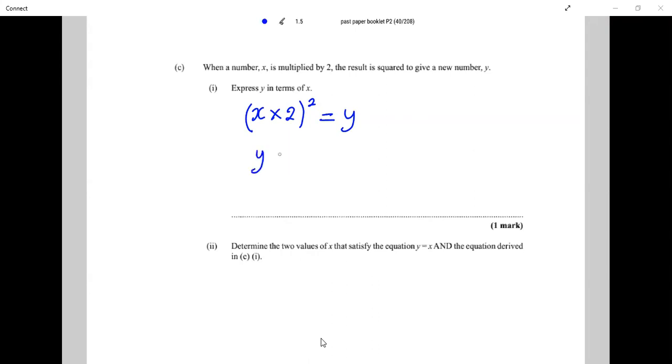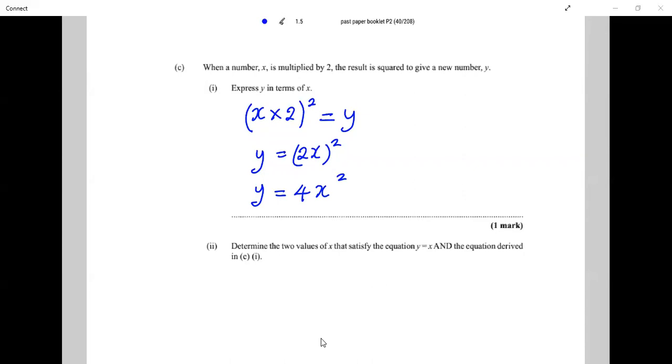So y would be equal to (2x) all squared, which means 2x multiplied by 2x, and that would be equal to 4x squared. 2 twos are 4, and x times x is x squared.